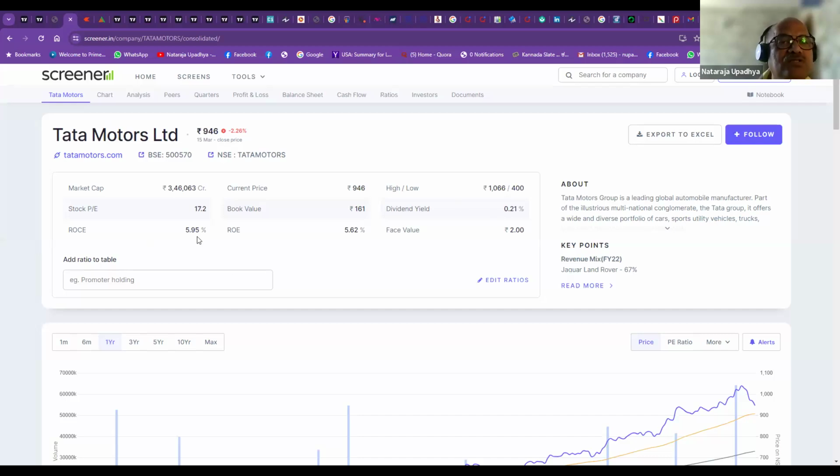Then ROCE is more of a performance measure. That is return on capital employed. This is a bit of an advanced topic. You can skip it for now. But it's an indicator of its performance. Then ROE is return on equity. On a per equity basis, it gives 5.62. This is a reasonable return.